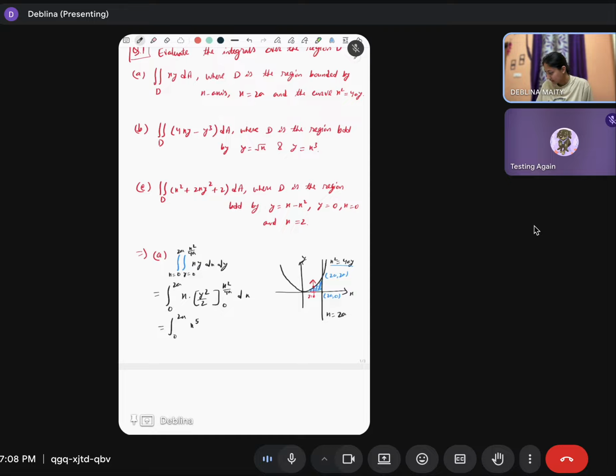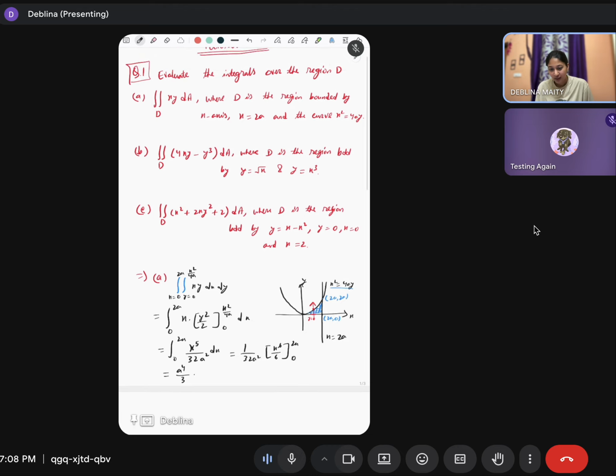You will see that this is going to be x to the power 5 by a square dx, and this value is a to the power 4 by 3. Okay. So first we have to draw and find out the limits of x and y, right?